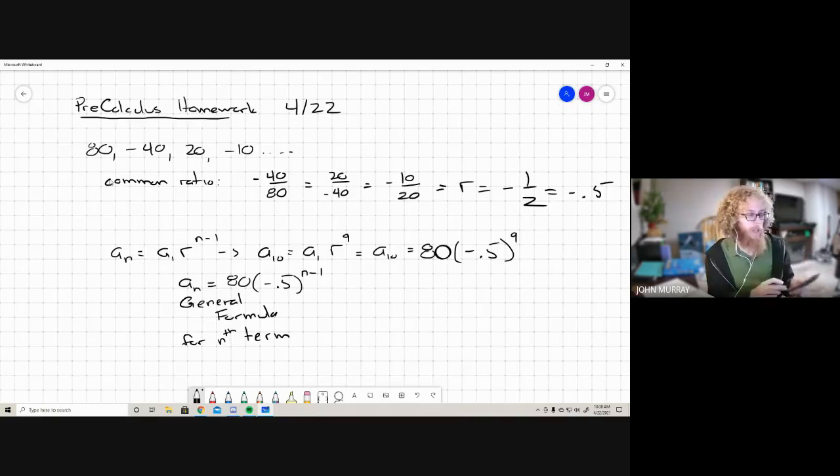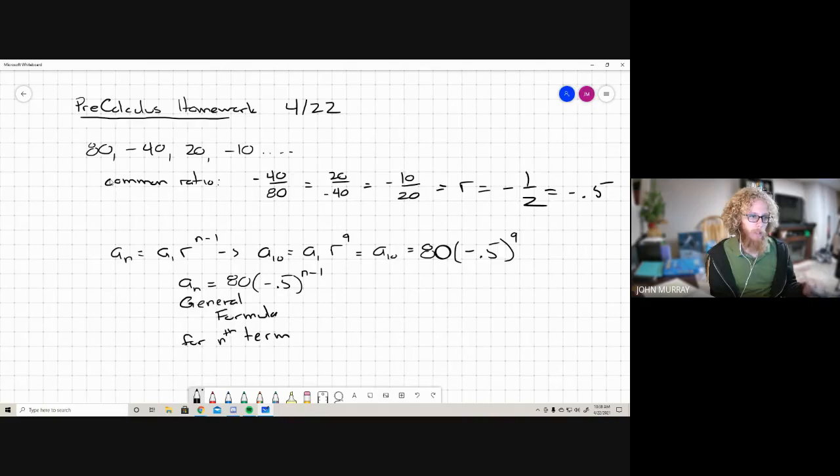I'd be careful when you're doing this. I've seen a lot of mistakes in the past where you guys will multiply 80 times this and then raise it to the 9th, so don't do that. If you're plugging this into the calculator, make sure you use the parentheses: open parentheses -0.5 close parentheses to the 9th power. If you forget to close the parentheses, it's just going to make your answer negative no matter what.